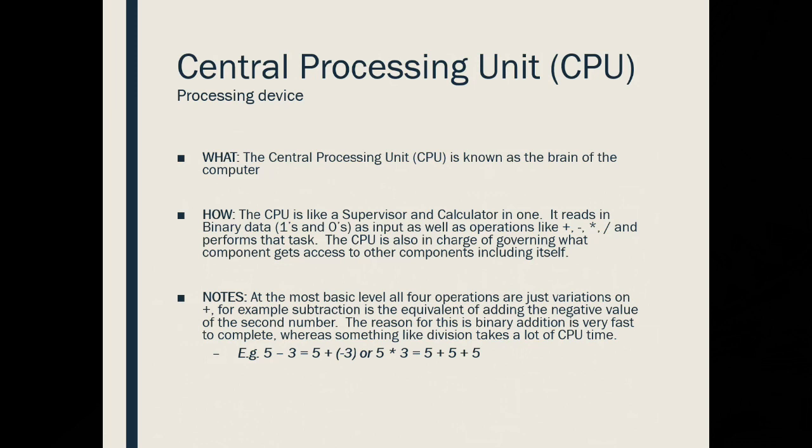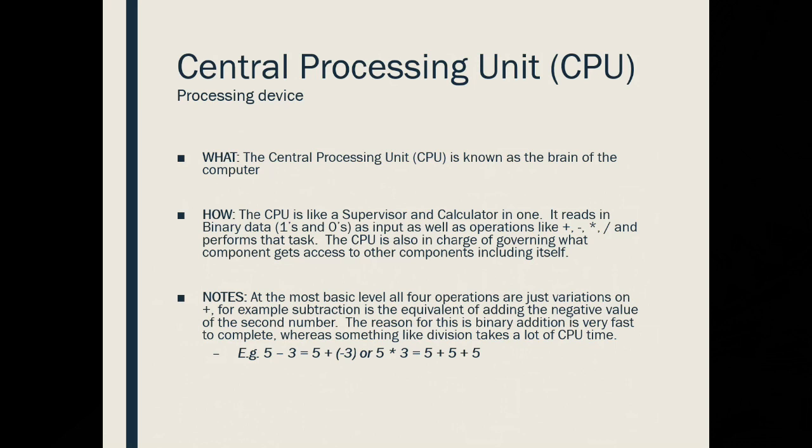It reads in binary data, ones and zeros, as input, as well as operations: plus, minus, multiply, divide, modulus, all sorts of different things. And it's in charge of governing all the components that get access to one another, as well as doing the math. So at the most basic level, when we're talking about math, this is really all the CPU does is add. All other forms of math can be converted into addition for the most part.